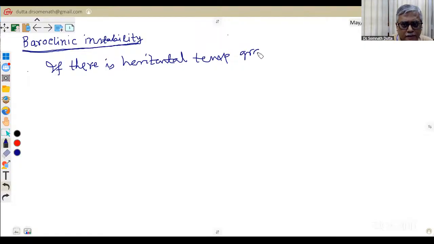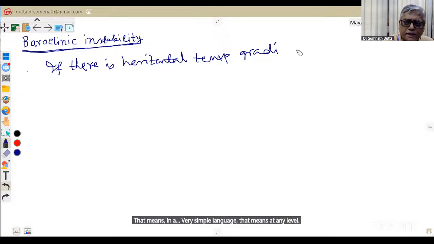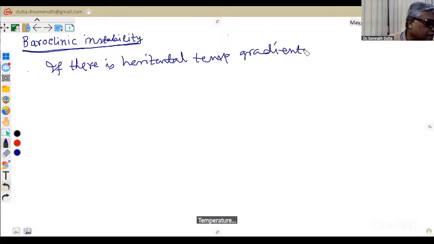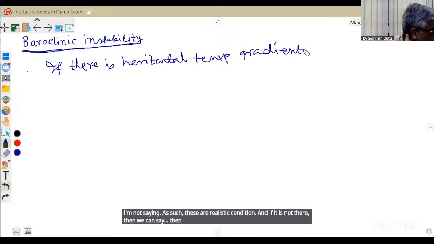That means, in very simple language, at any level, the temperature between two points is not the same. As such, this is a realistic condition. And if it is not there, then we say it is a barotropic condition.